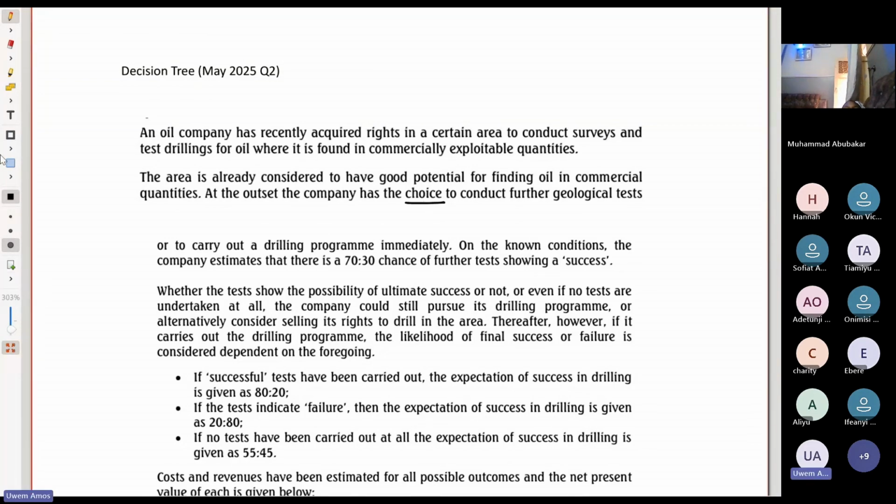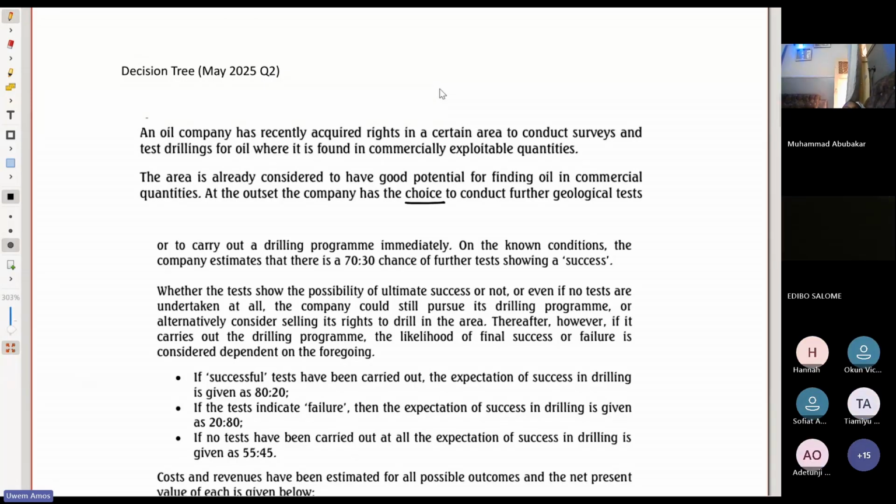Thereafter, however, if it carries out the drilling program, the likelihood of final success or failure is considered dependent on the following. So those are outcomes, not choices he has to make. If successful tests have been carried out, the expectation of success in drilling is given as 80 to 20.